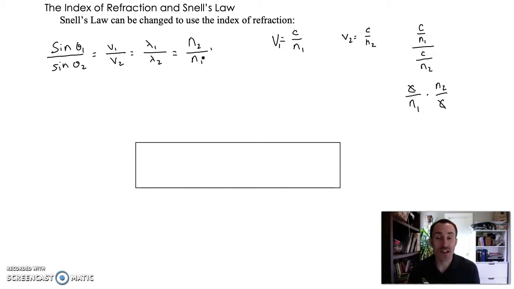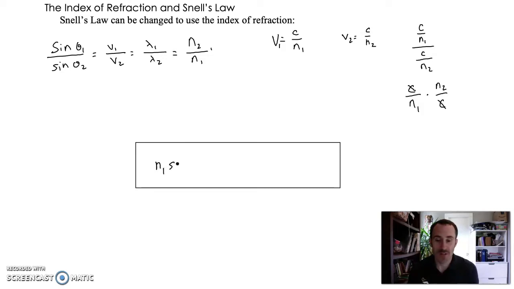We can write this in another way, though, if we want to just talk about the index of refraction and the angles. We can write it like this: sine of theta 1 divided by sine of theta 2 equals n2 over n1. But we're going to just rearrange it a little bit so it's not two fractions, so there's a nice straight line equation. And so we're going to cross multiply. And so here's how it happens.